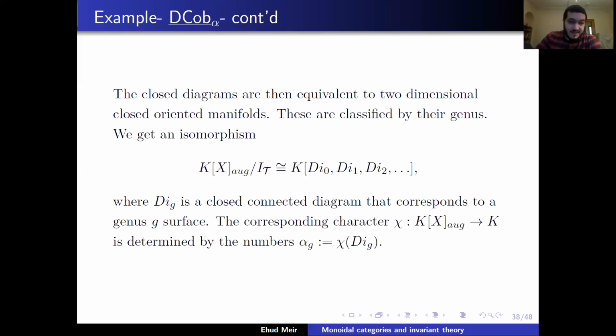And the corresponding character is determined by the numbers alpha G, which are just chi of DG. Because when we have a character on a polynomial algebra, it's just a bunch of numbers, what it takes on the generators.